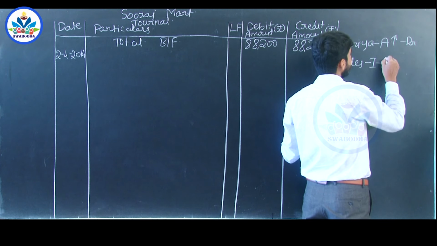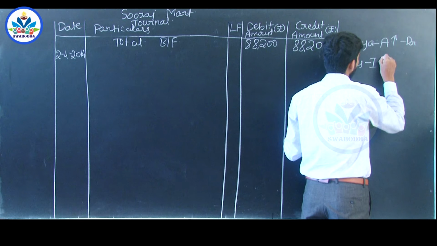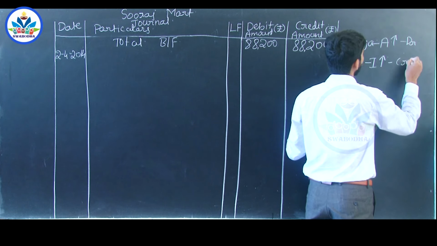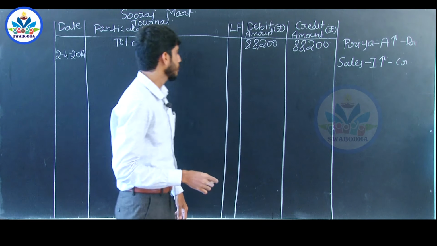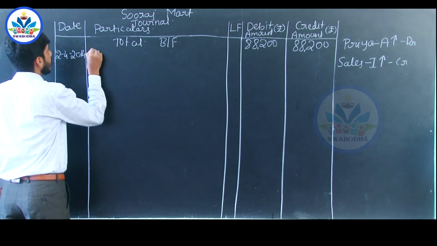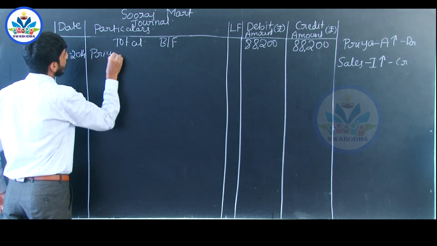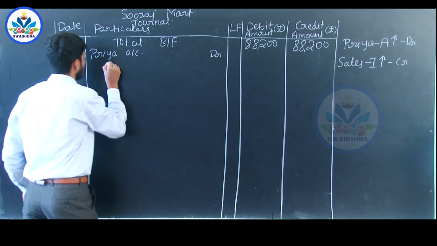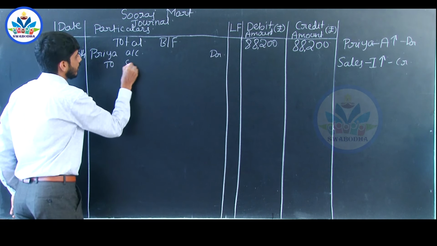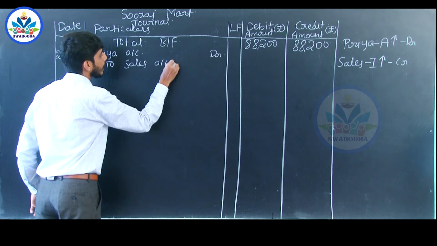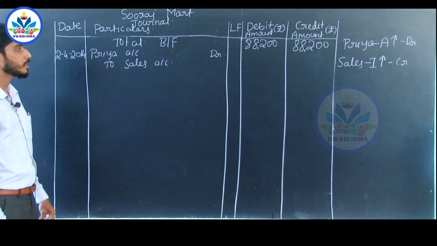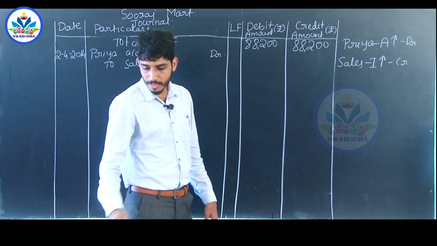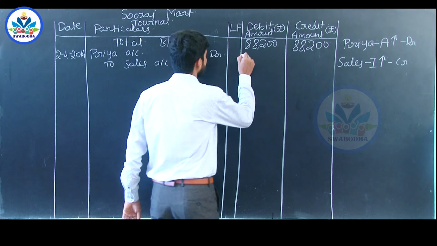Again, sales is an income, value increases, increase in the income has to be credited. So, the journal entry will be Priya's account debited to sales account. The amount of sales is 16,000.